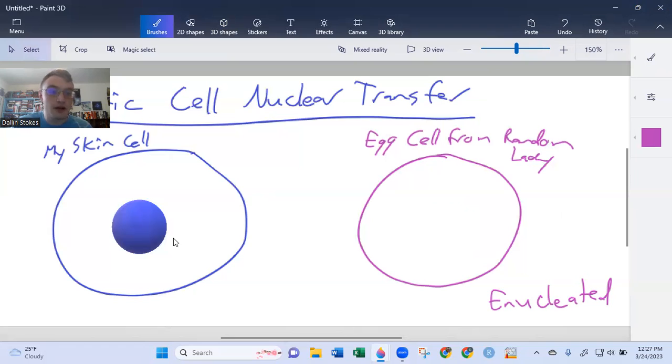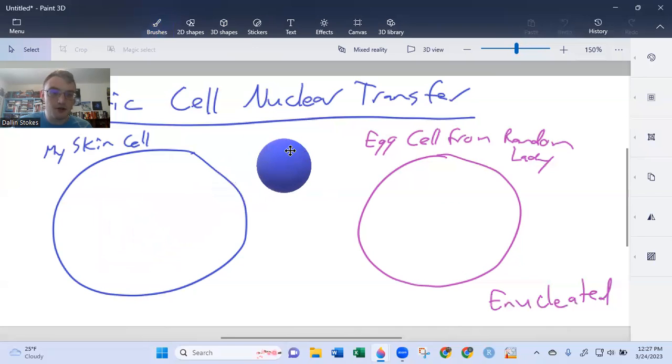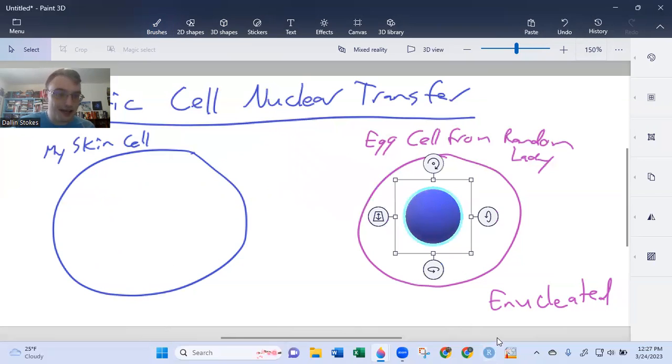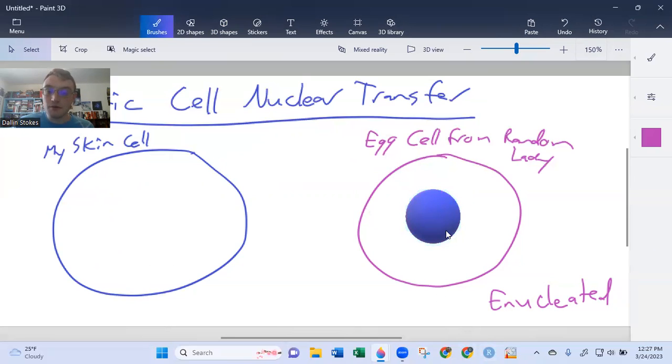Now we're going to come in and do the same thing with my skin cell. They're going to poke that little needle in there, and they're going to suck out my nucleus. And then they're going to come back over to this egg cell and use that needle and inject my nucleus into the egg cell of the random lady. Now, look what we've got.